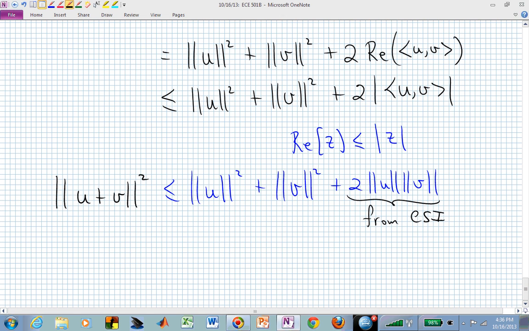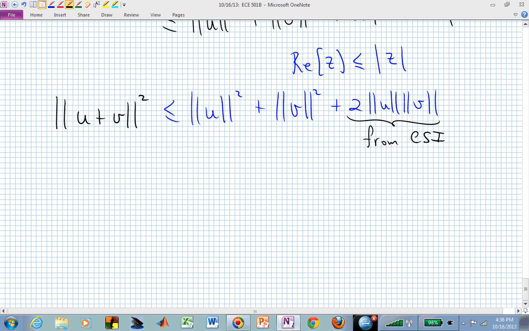But if you look at what I have now on the right, that looks like a perfect square, doesn't it? So this is now greater than, well, this we can now think of as the norm of u plus the norm of v, squared.